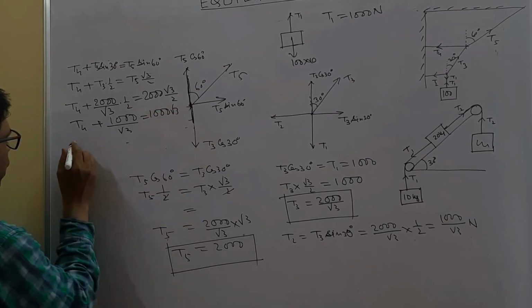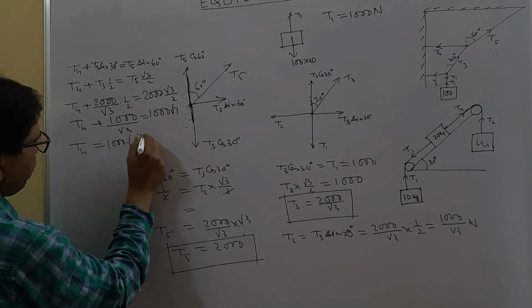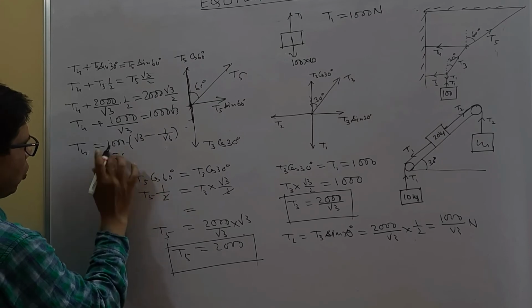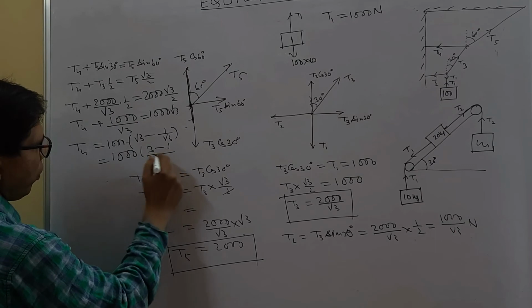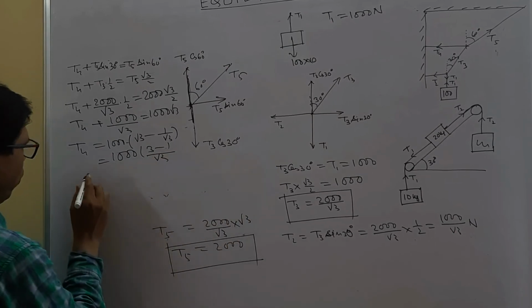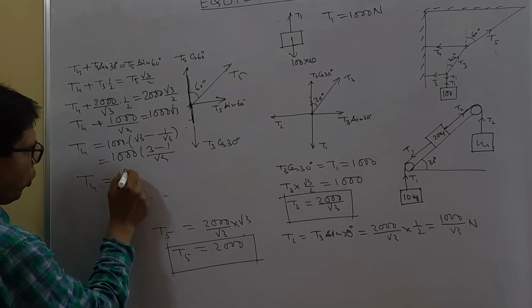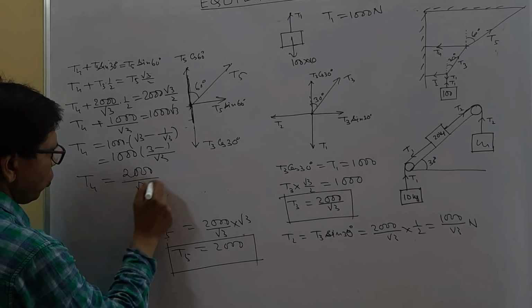Now T4 equals 1000 into 3 minus 1 by root 3. Therefore T4 equals 2000 by root 3 Newton.